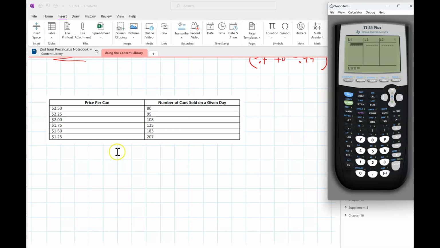All right. Now what I'm going to do is type in my data for price per can into L1 and the number of cans sold on a given day into L2. So I'm just typing the number and pressing enter.